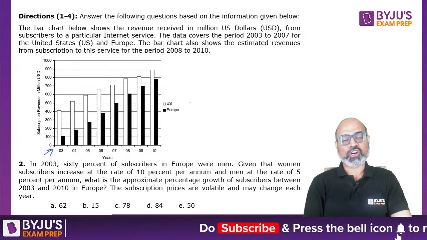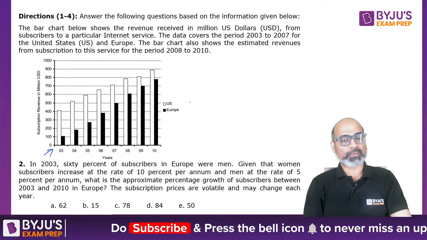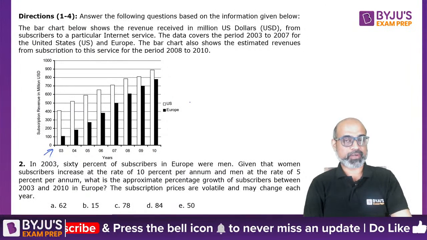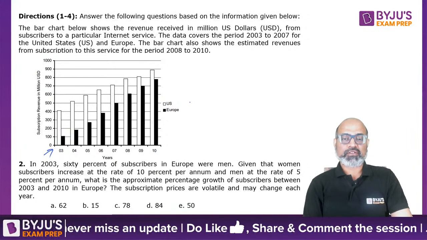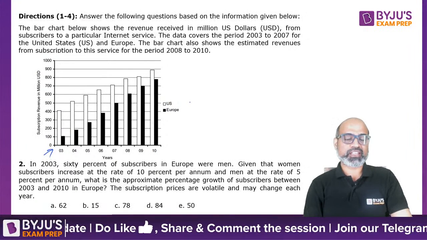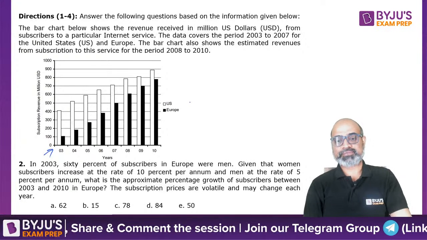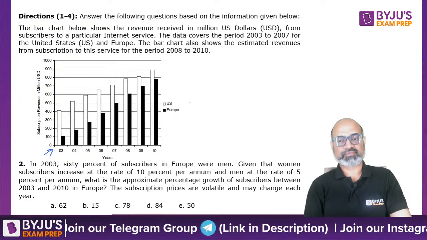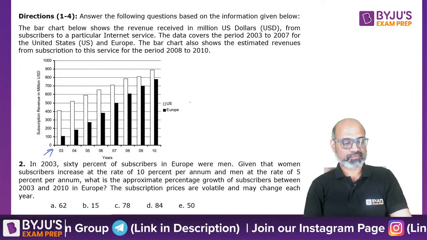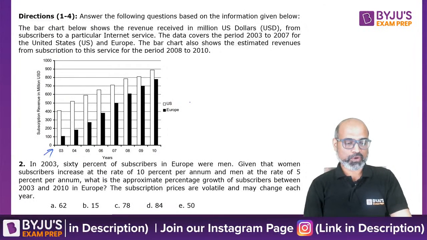So what is the approximate percentage growth? The options are very far, so it's going to be much easier to figure out. Between 2003 and 2010 in Europe. What would be the answer?